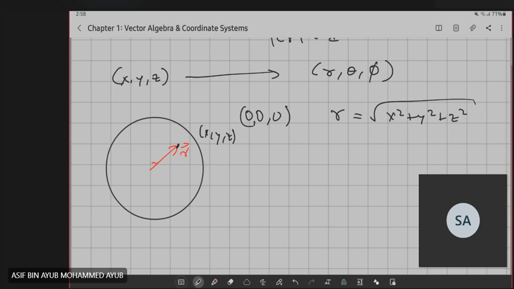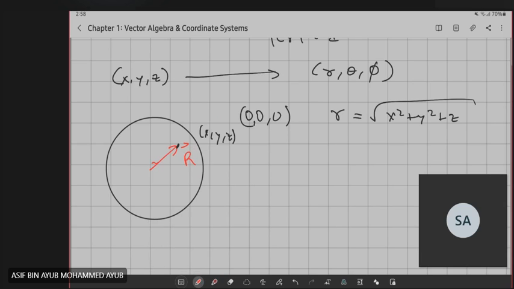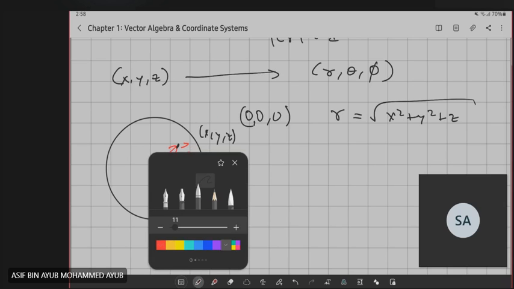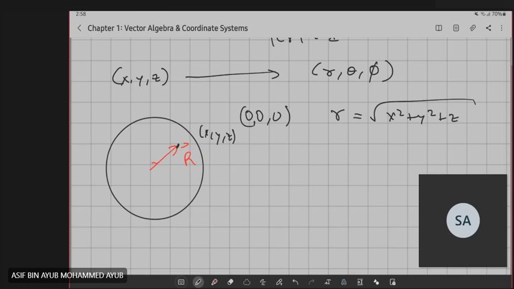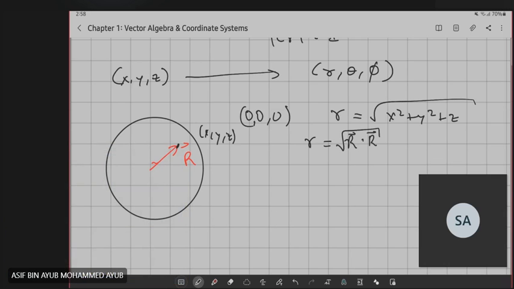Again, this comes from the dot product, if you remember. Suppose this vector is not small r but capital R, to differentiate it from the radius. Then r will be equal to the square root of capital R dotted with itself, which is basically this.